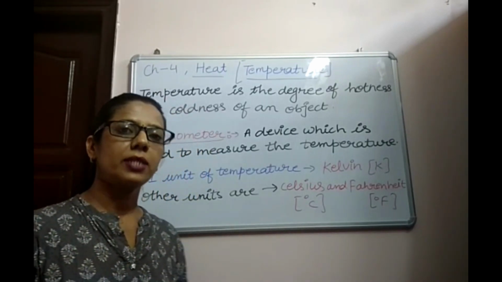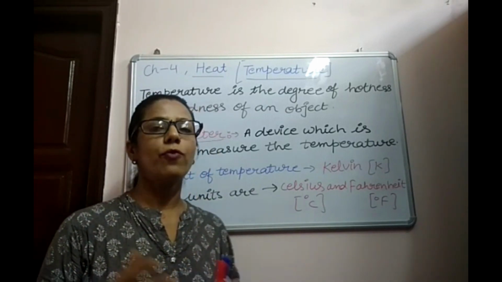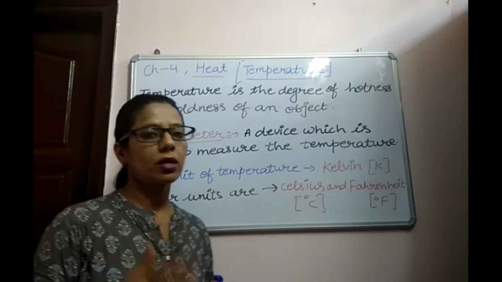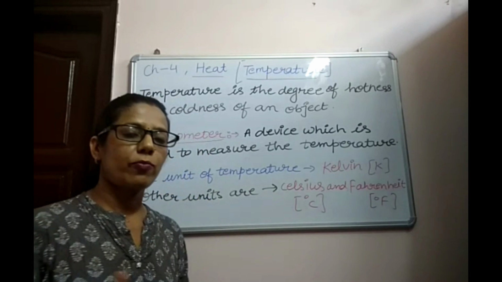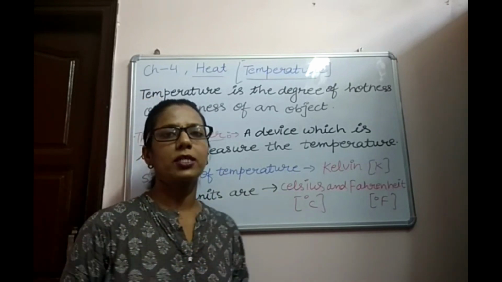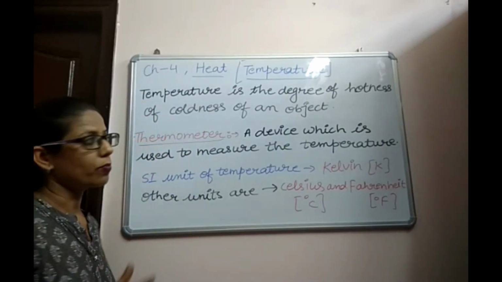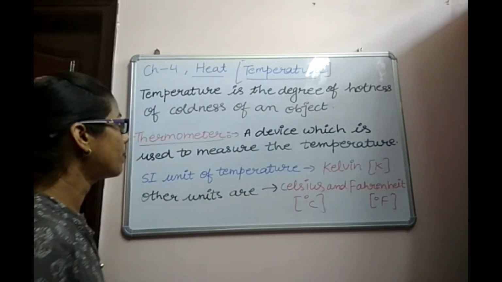But sometimes our sense of touch is not a reliable measure for measuring the degree of hotness and coldness. So there is a term for measuring the degree of hotness and coldness of any object, that is temperature.